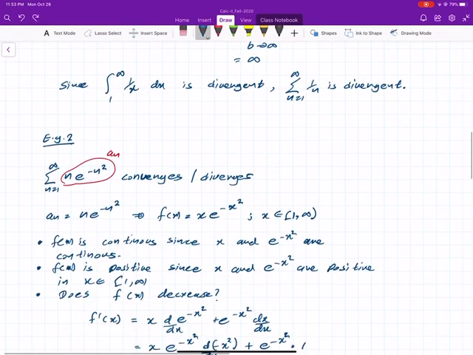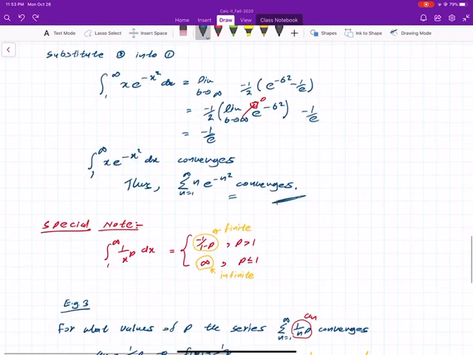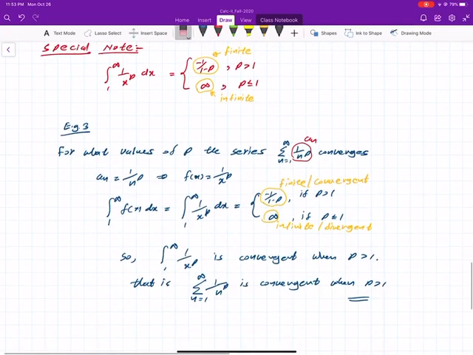And then we move to the next example, and that series was convergent. And finally we move to the last problem where the series was convergent again. All right, so that's the end of the section. Thank you.